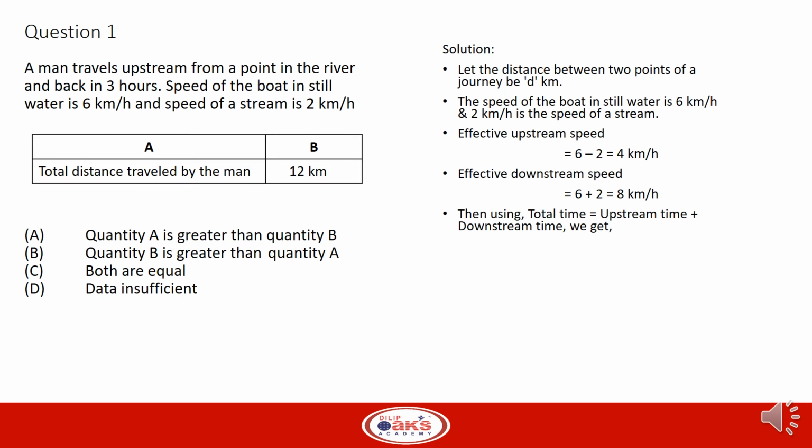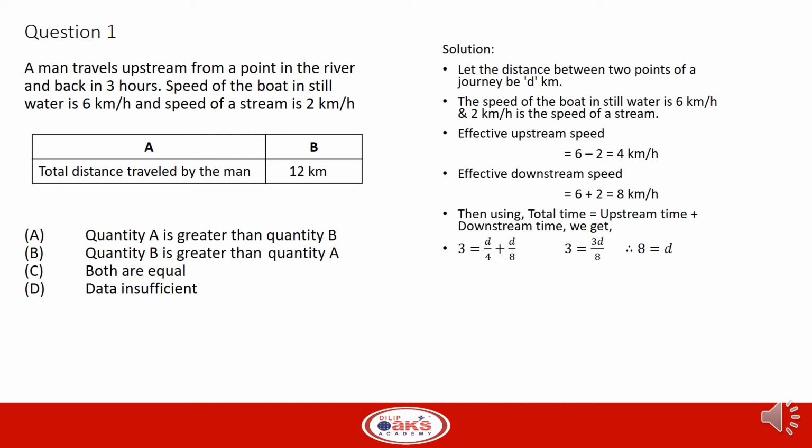Now, using the fact that the total time taken by a man will be equal to his time consumed for the upstream journey and his time consumed during the downstream journey, we will get 3 is equal to d by 4 plus d by 8. Now let us spend some time in understanding what is d by 4, the first summand in this equation.